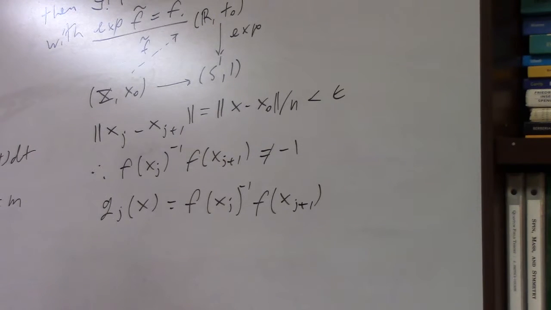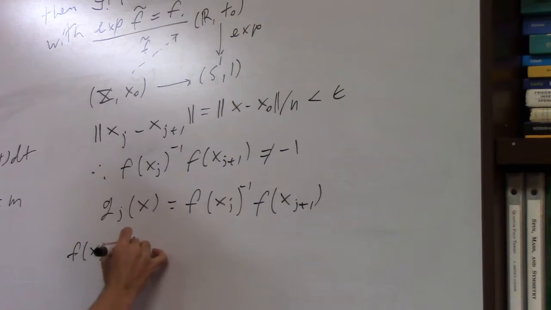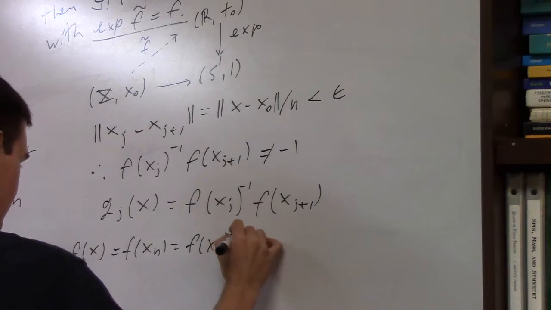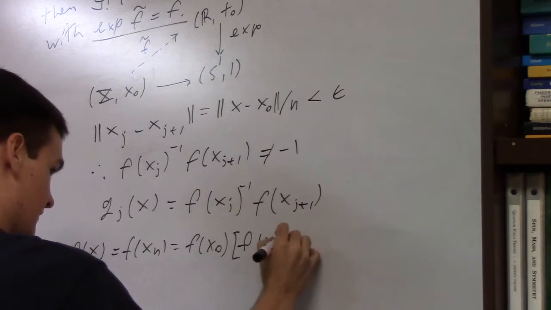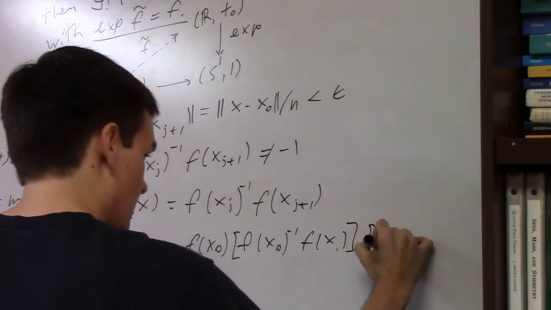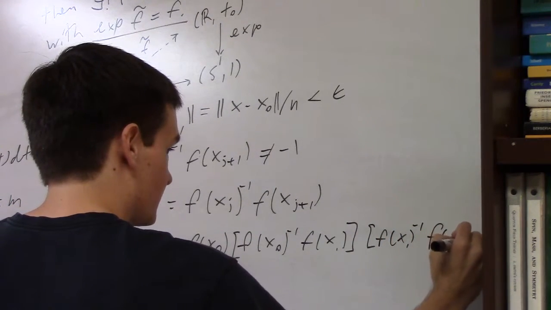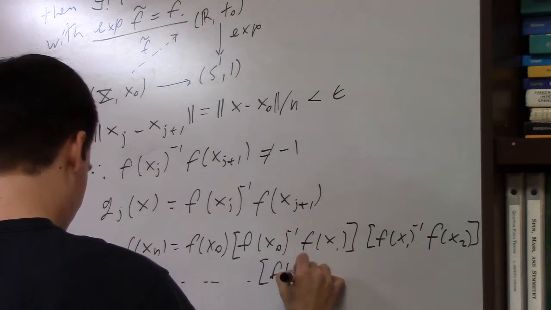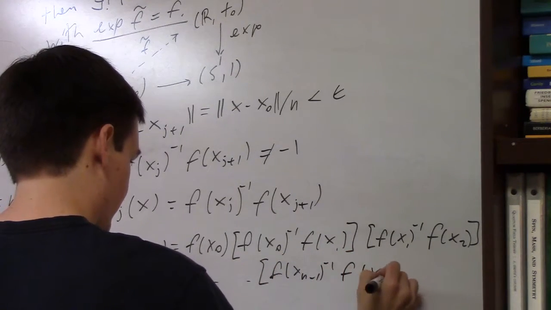So essentially what they're doing here, they use this telescoping thing, making use of the fact that S1 is a topological group, which I thought was interesting. So essentially they note f of x, which is equal to f of x sub n, is equal to f of x naught times f of x naught inverse f of x1, f of x1 inverse f of x2, etc., all the way out to f of x sub n minus 1 inverse f of x sub n.